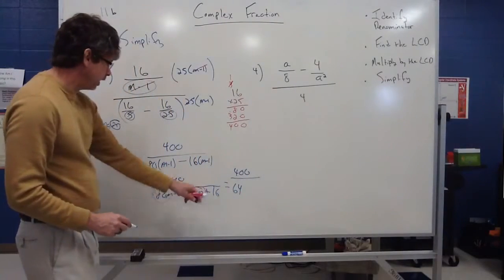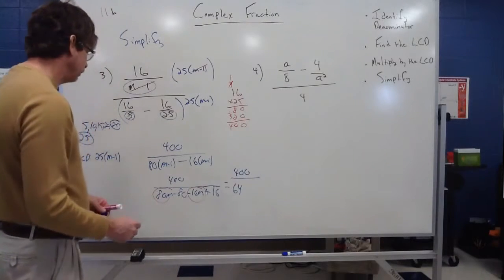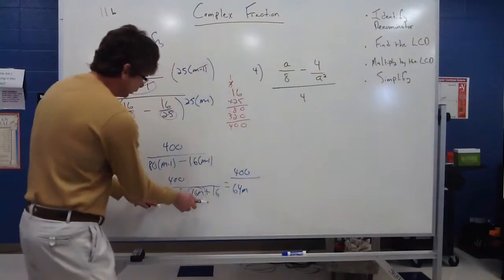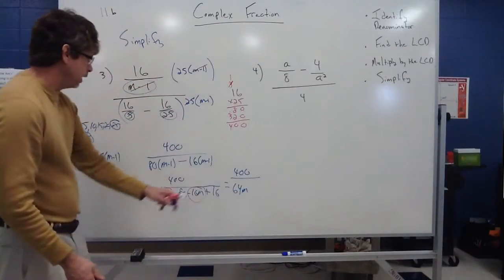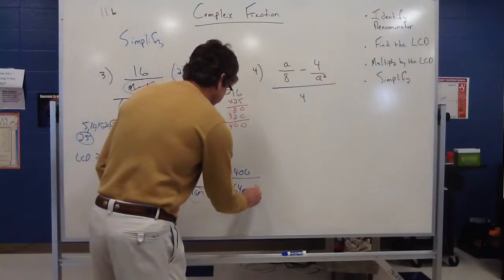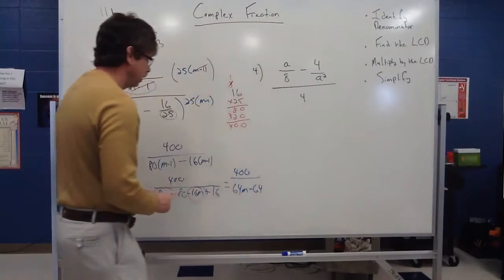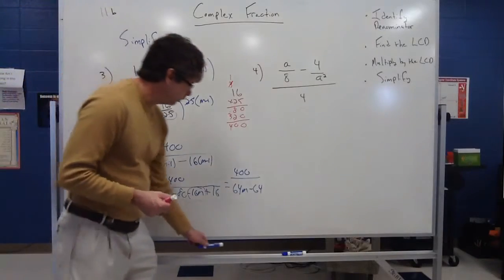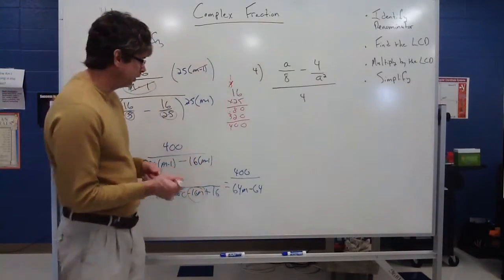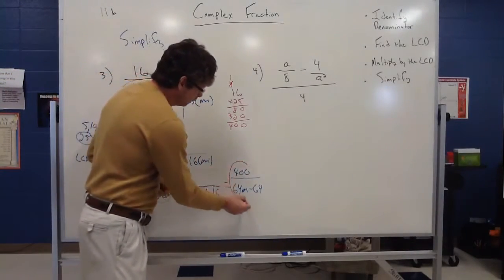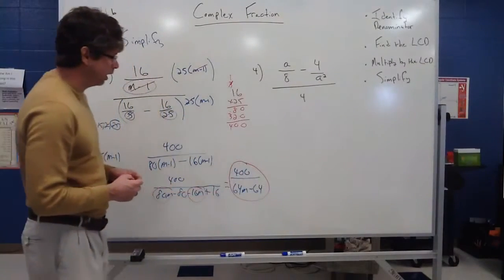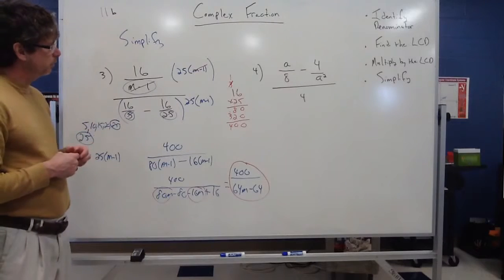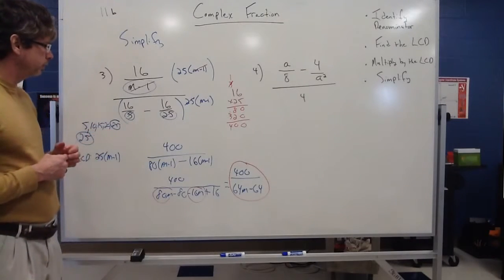And then a negative 80 and a positive 16 there are going to give me a negative 64. So for the time being, we're going to leave that answer like that. As we get further on, that actually can be simplified a little bit further. But at this point, let's just leave it in that notation. So I have 400 over 64m minus 64. And we'll talk later on what else we can do with that one.